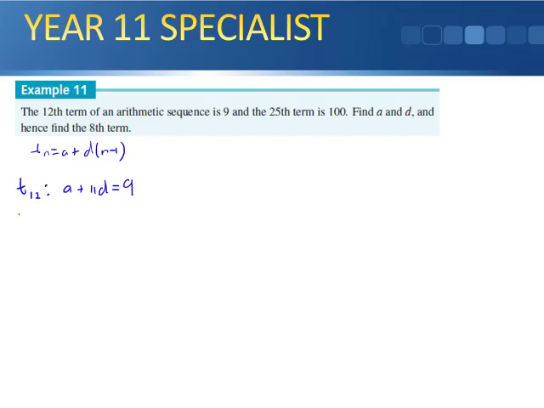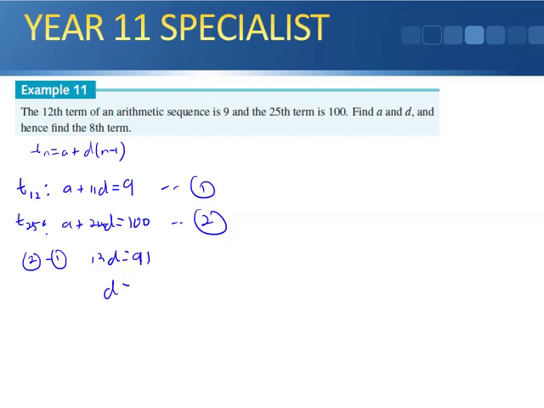And I also have the 25th term, so I get a plus 24d equals 100. Now I'm going to label these because I have two equations and two unknowns. I'm going to do number 2 take away number 1, solving them quickly. So 24 minus 11 gives me 13d equals 91. And when I work out D, I get 7.